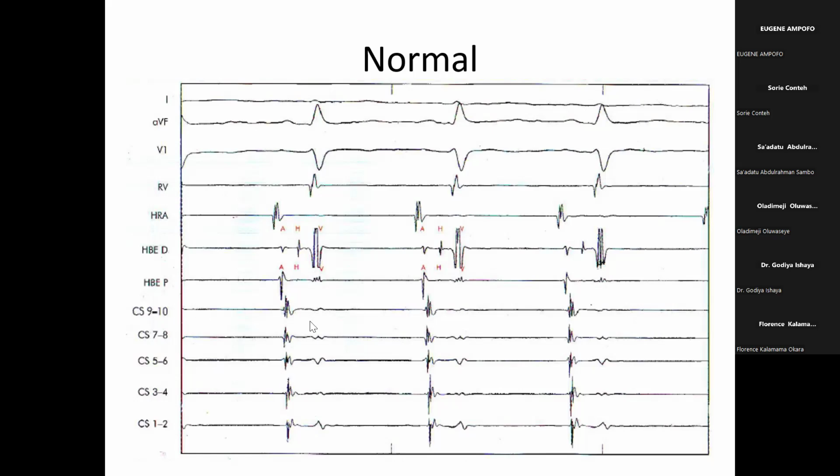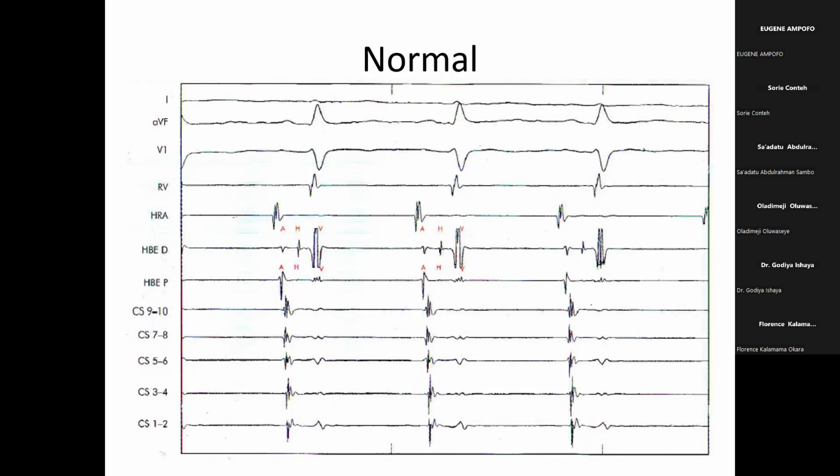Remember we said the CS catheter is also in between the left atrium and left ventricle. So you can now see the deflection of the left ventricle, right? And you can see how it corresponds to your QRS duration. So is this wave clear now?